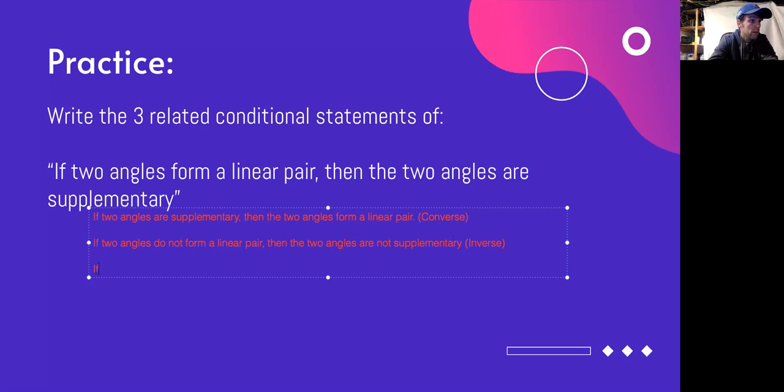Okay, so if two angles are not supplementary, then the two angles do not form a linear pair. Again, I tried to be careful not to change any verb tense here and just kind of tried to make them say the opposite or switch them or whatever was called for. So converse, switched, inverse, negated, contrapositive, both negate and switch, or switch and negate.